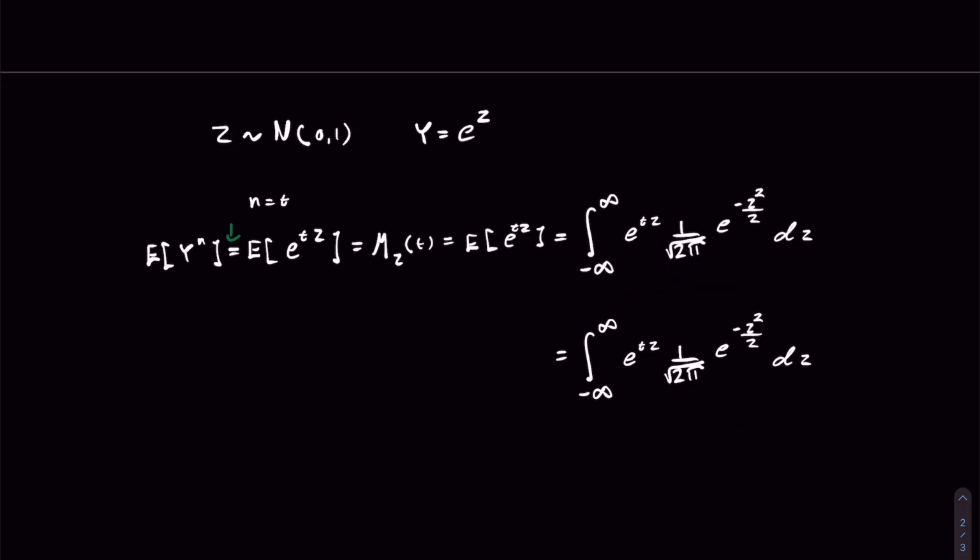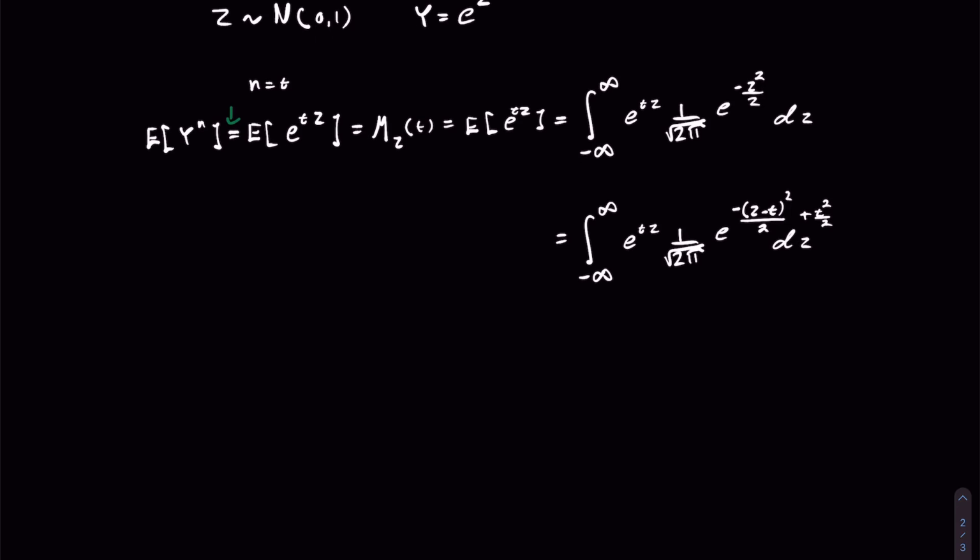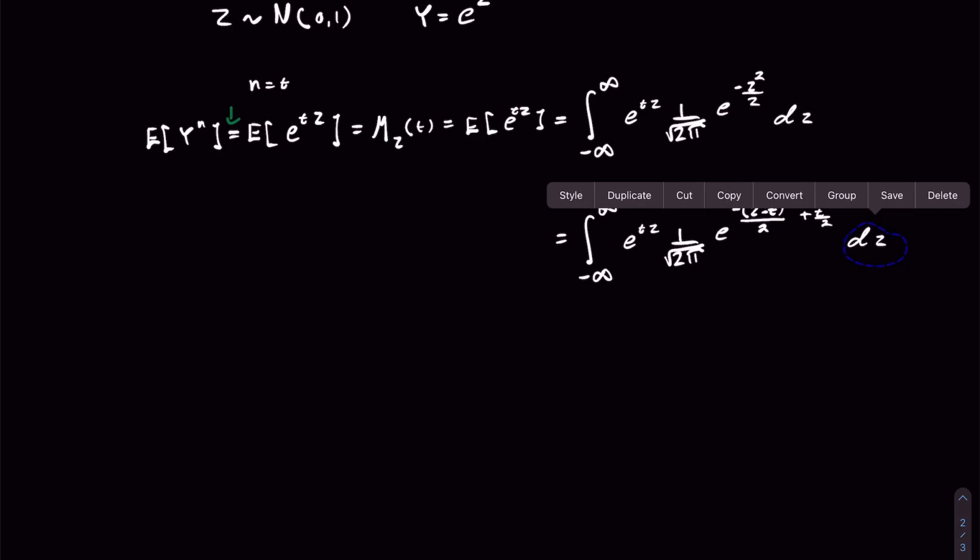So this thing, after completing the square, we get e to the minus (z minus t) squared over 2, and then plus t squared over 2, like that. Okay, this looks a little ugly.